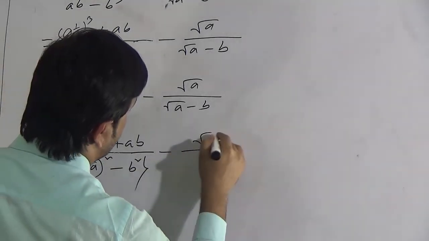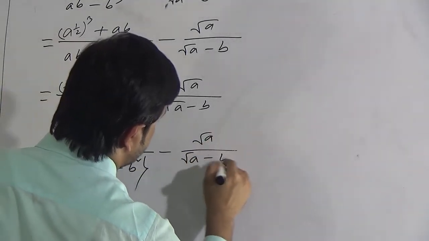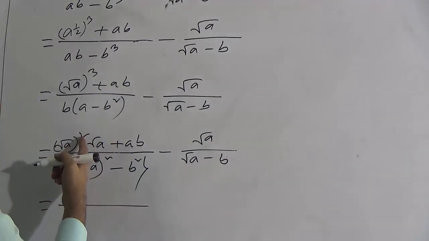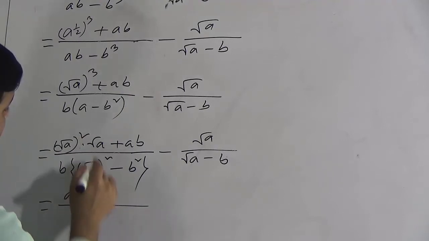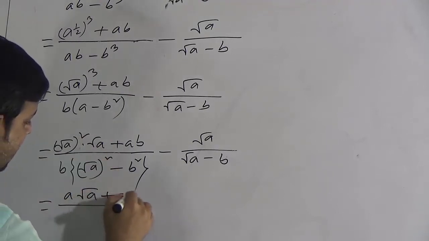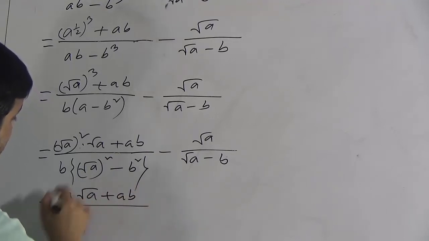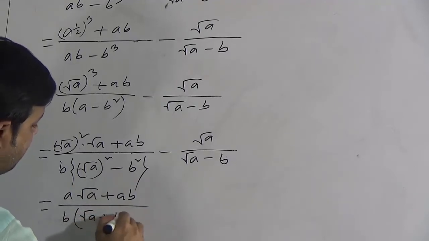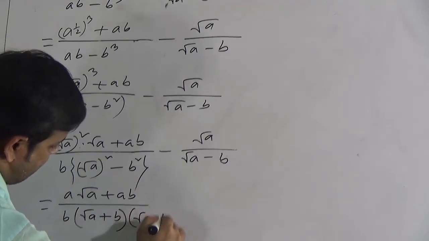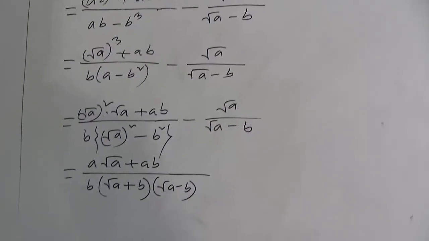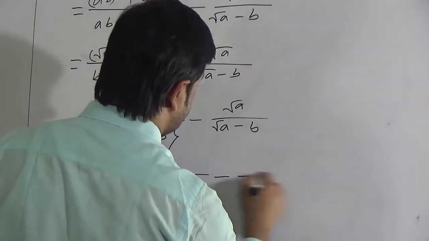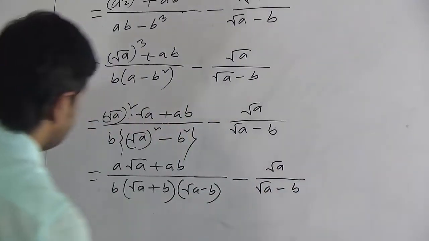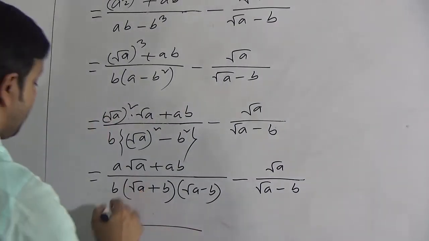Now minus square root a over square root a minus b. Now square root a whole square means a, into square root a plus ab. Now we can apply the formula, this means square root a plus b into square root a minus b in the denominator, minus square root a divided by square root a minus b. Now we can take a as common from the numerator.